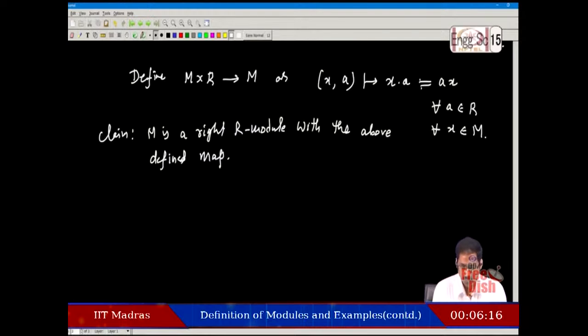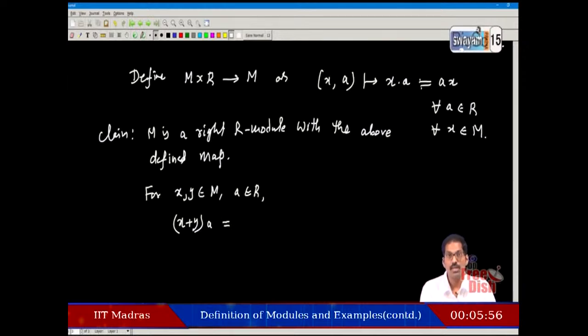Let us verify the three conditions. The first condition: for any x and y in M and for any a in R, let us look at (x plus y) dot a.